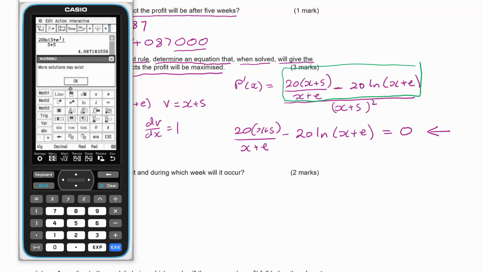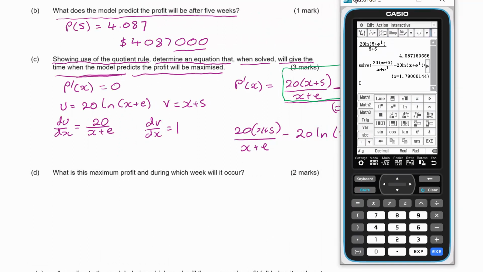And that gives me x is 1.79. So CAS gives us that x is approximately 1.79, which means the second week.